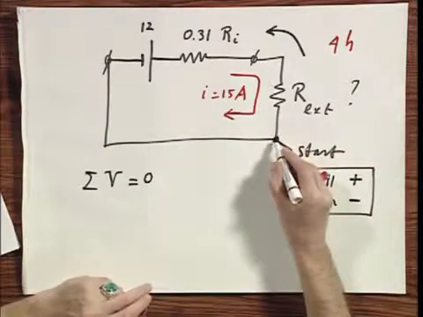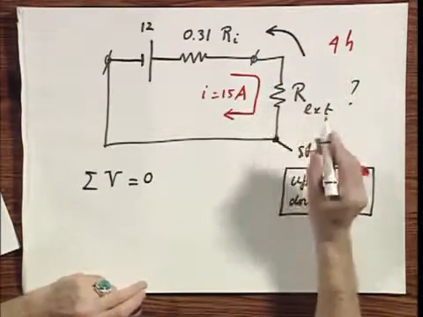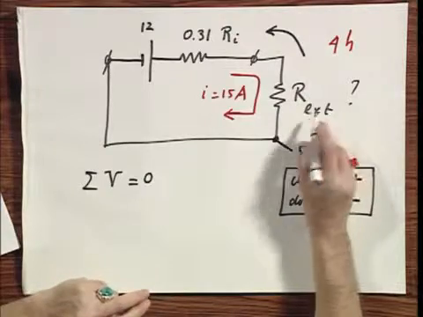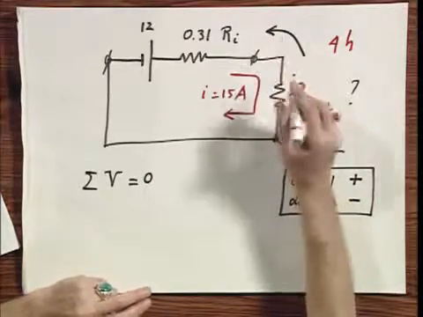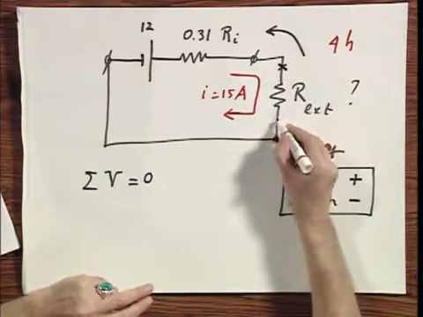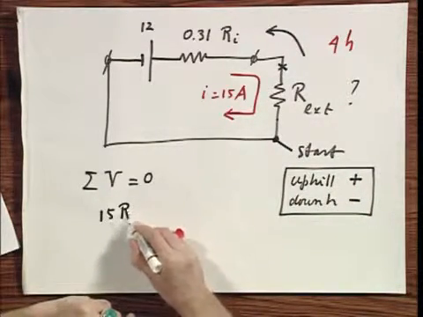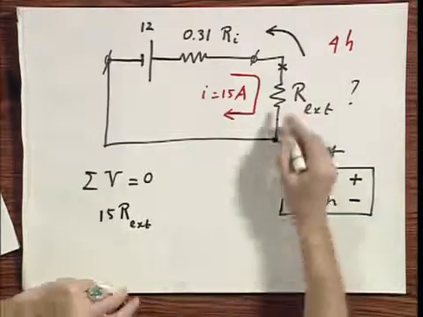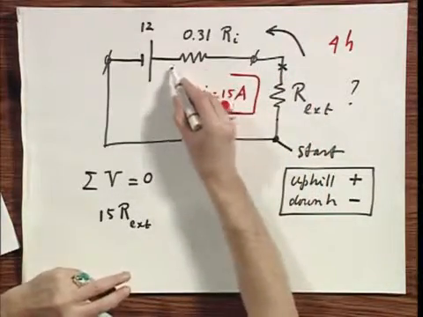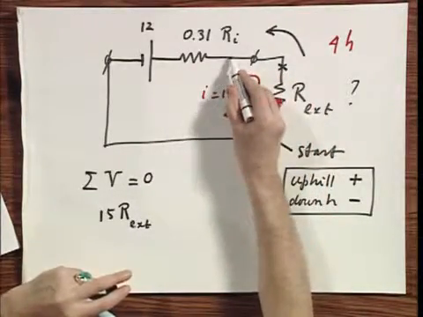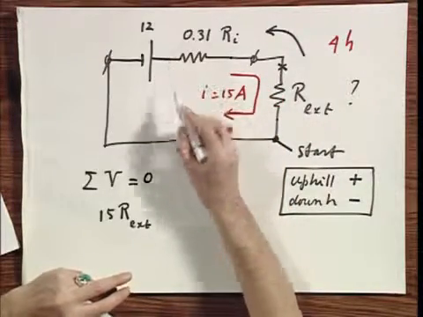So be careful. The current comes to me. The resistances are external, so I'm going up in potential. The potential here is higher than here. Uphill is plus. So I get 15 times R external. Now the current here is also coming to me. So I also go from a lower potential to a higher potential.